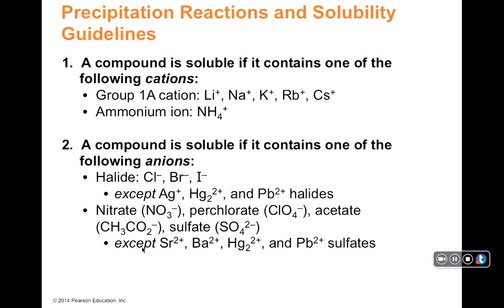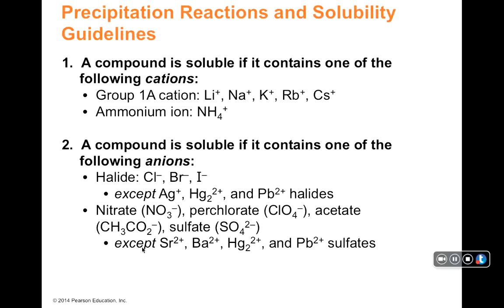So you can see the example, the next one, nitrate, perchlorate, acetate, sulfate, except those 4 sulfates, strontium, barium, mercury, and lead sulfates. So those would precipitate out. The strontium, barium, mercury, and lead sulfates would precipitate out and form solid products. The other thing to note, just going back to number 1, it says a compound is soluble if it contains one of the following cations.